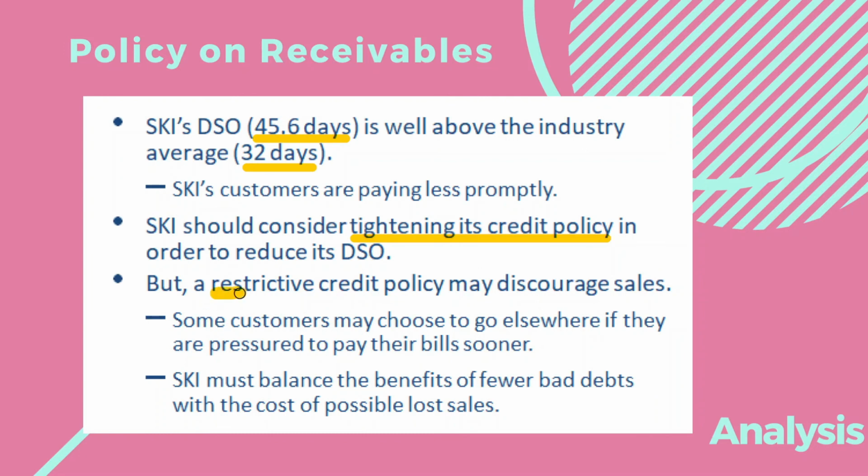However, this restrictive credit policy may discourage sales, causing customers to switch to competitors. There might be an additional benefit besides cash improvement, because there will be less accounts receivable outstanding, so the amount of bad debt will be lower as well.